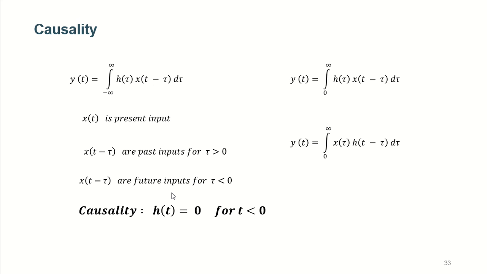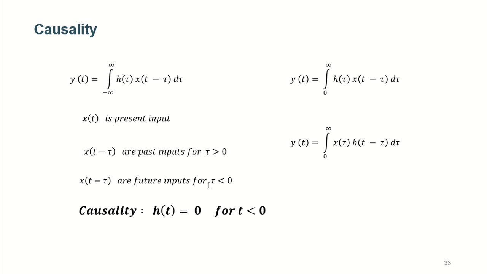So what will happen? What do you need in this convolution operation? The result of the convolution must be 0 for all the future inputs, which means for all these values of tau less than 0, right? And if the system is causal, then what will happen to h of tau or x of t minus tau?